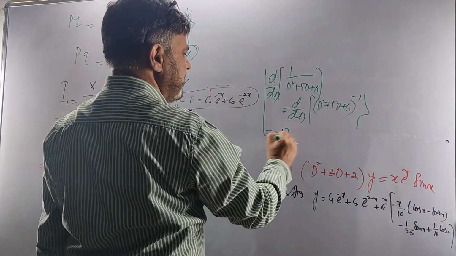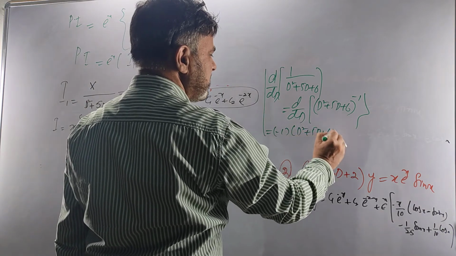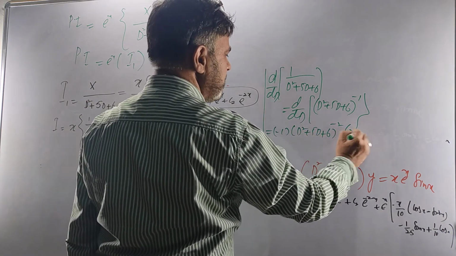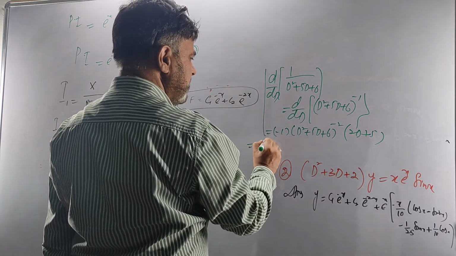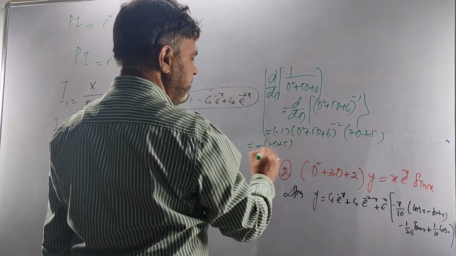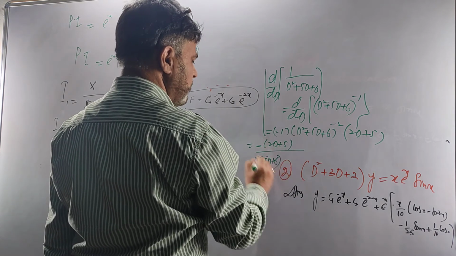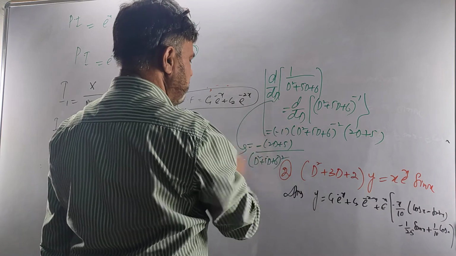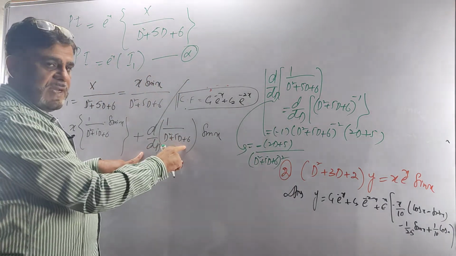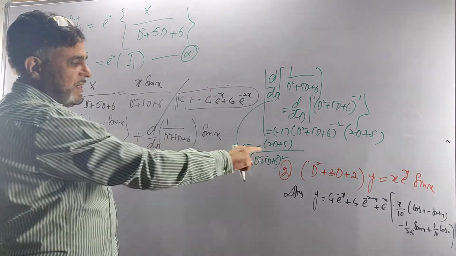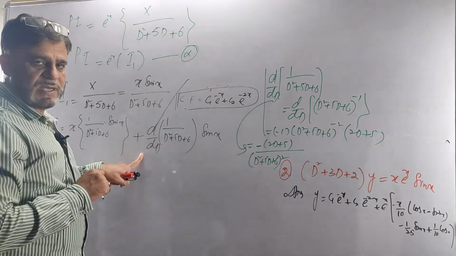This is minus 1 down, then (d square plus 5d plus 6) raised to the power minus 2, internal derivative is 2d plus 5. So this is minus (2d plus 5) by (d square plus 5d plus 6) whole square. It is the derivative of 1 by d square plus 5d plus 6 with respect to d.